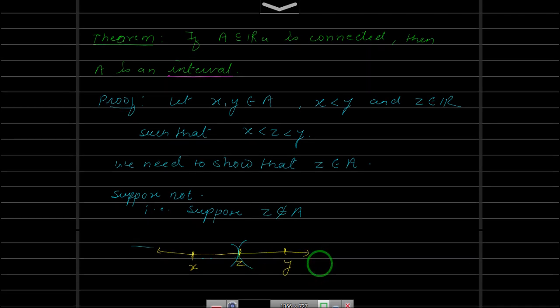Okay, so claim: minus infinity to z intersection A is open in A because (-infinity, z) is open in whole of R, and intersection with the subspace will be open in the subspace.